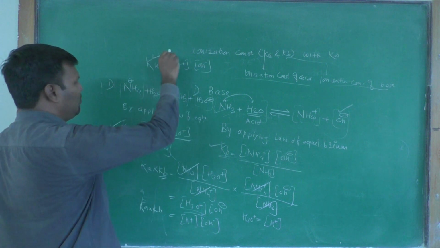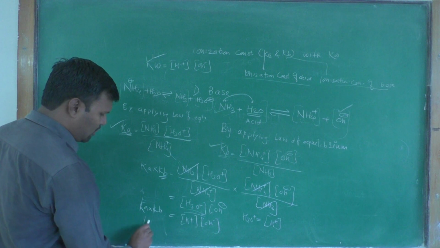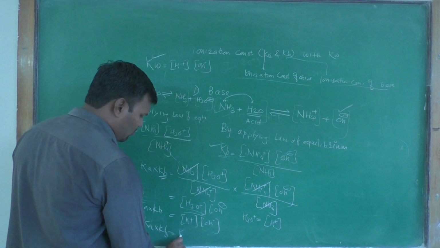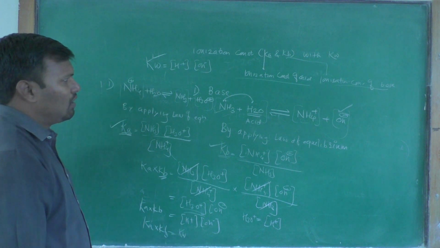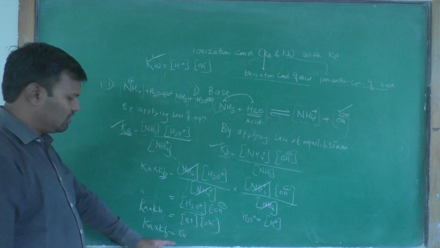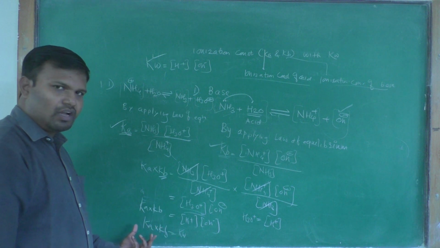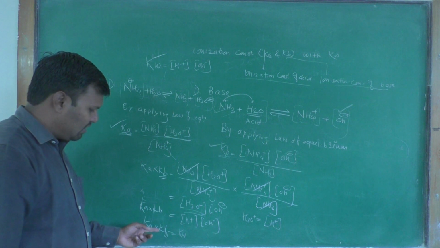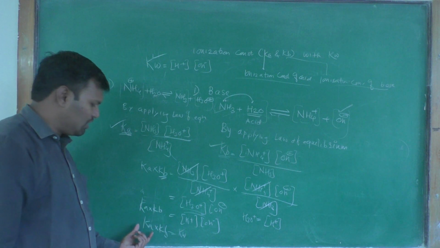Okay, therefore Kw is nothing but this value. Therefore Ka into Kb is equal to Kw. That is, the ionic product of water is nothing but the product of the ionization constant of the acid and the ionization constant of the base, Kb.